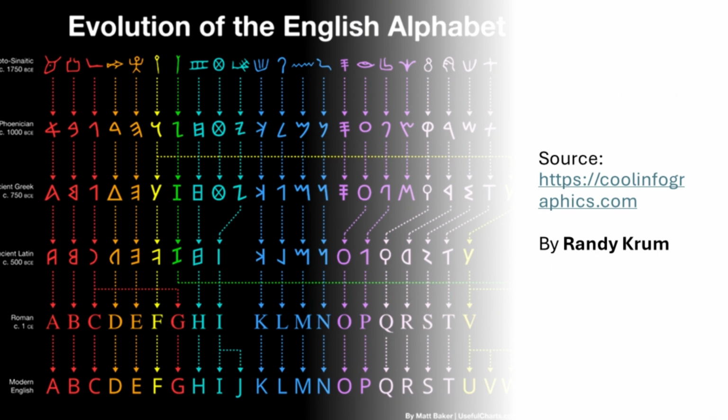From the Phoenician alphabet, with its consonantal script, to the Greek addition of vowels, and finally to the Romans, who refined it further, each step brought us closer to the 26 letters we know today.